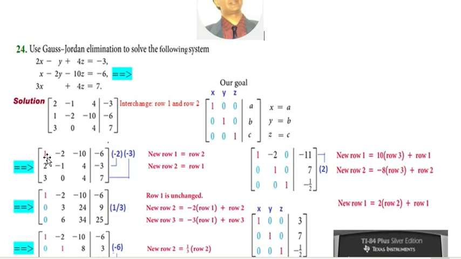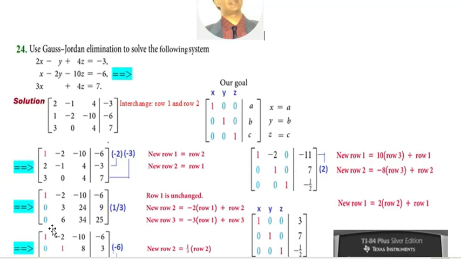Minus 2 times 1 is minus 2, minus 2 plus 2 is 0. Minus 2 times minus 2 is 4, 4 minus 1 is 3. Minus 2 times minus 10 is 20, 20 plus 4 is 24. Minus 2 times minus 6 is 12, 12 minus 3 is 9.